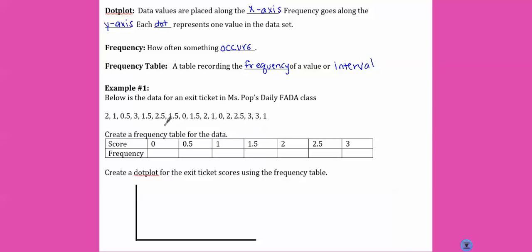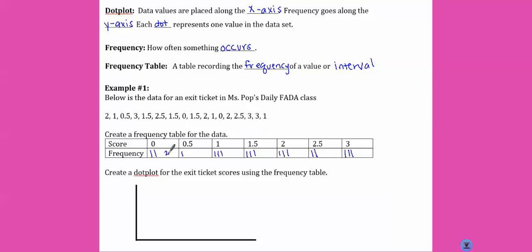So, below is the data for an exit ticket in Miss Pop's daily FADA class. Create a frequency table for each. So I'm going to mark where each of these fall into. A 2, a 1, 0.5, a 3, a 1.5, a 2.5, a 1.5, a 0, a 1.5, a 2, a 1, a 0, a 2, 2.5, 2 3s, and a 1.